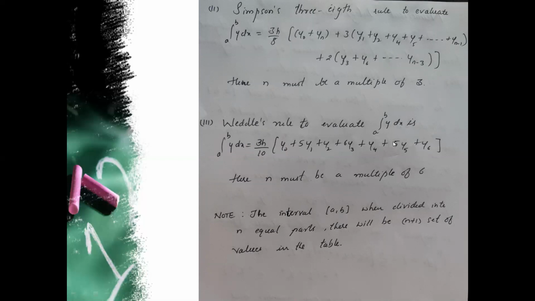So here it is stopped at y6 because to apply Weddle's rule, n must necessarily be a multiple of 6. So either n is 6 or the next value will be 12, which is rarely asked. So we have written the formula only up to y6.